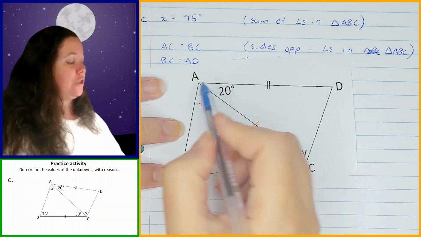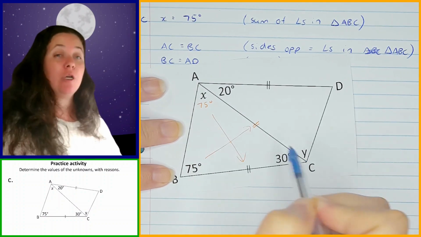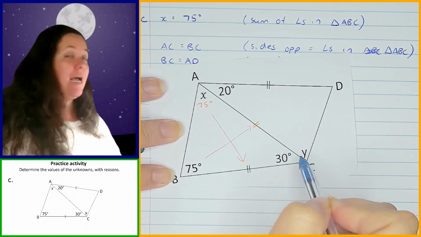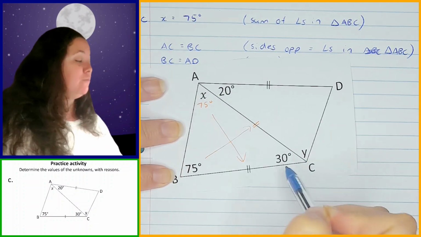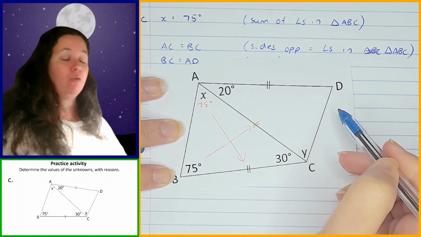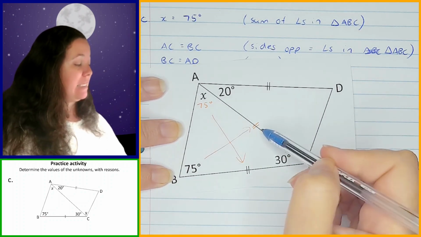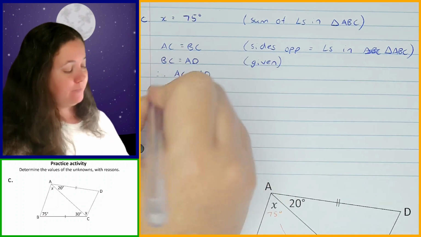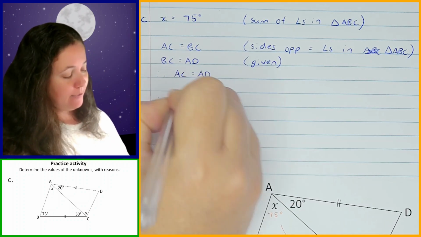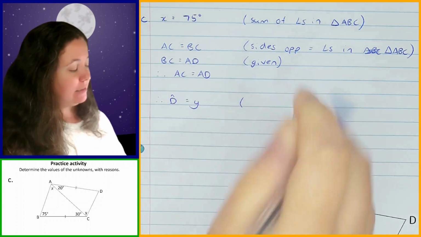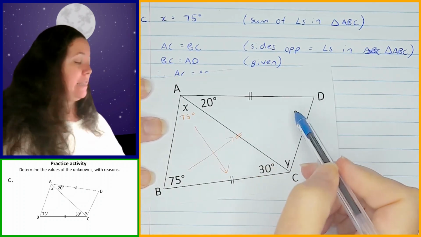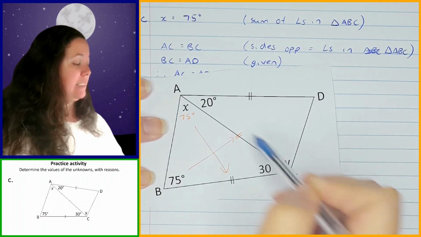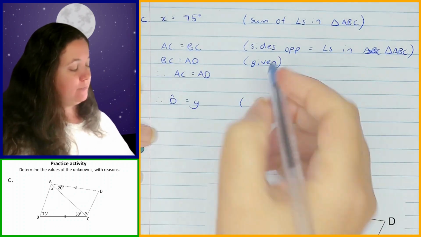So now I know that these two sides are equal to each other, and because those two sides are equal to each other, it's an isosceles triangle, which means that the base angles will be equal to each other as well. So now I can say that angle D is going to be equal to y. And my reason is because there are angles opposite equal sides in triangle ACD.